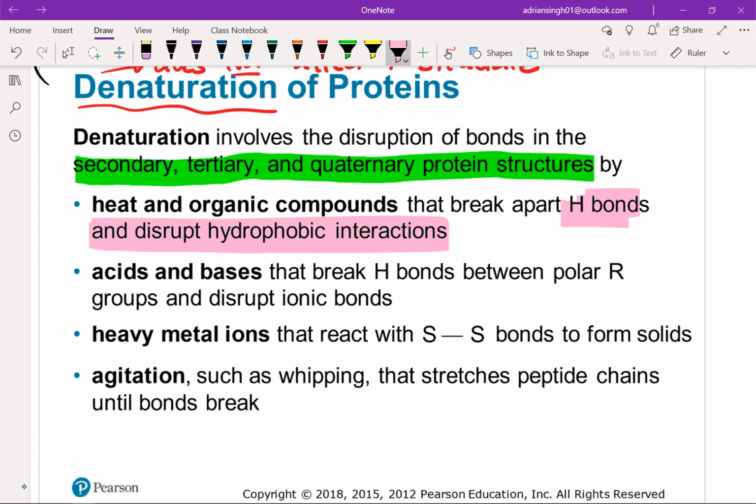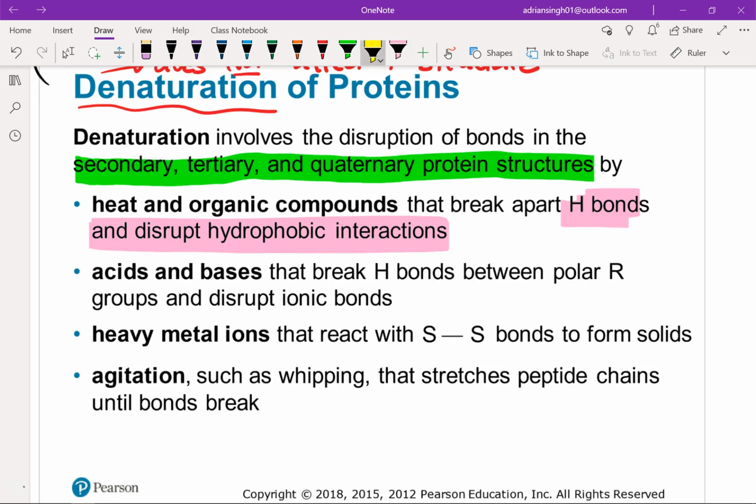So for instance, when you cook an egg, why does it go from runny to being really hard? Well, you're affecting the structure. You're denaturing the protein by providing heat. Similarly, when you go to get an injection at the doctor, why do they swab your skin with alcohol? Well, that's to denature the proteins in the germs that you have on your skin, for instance.